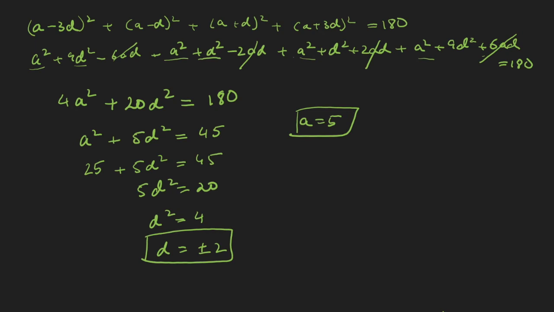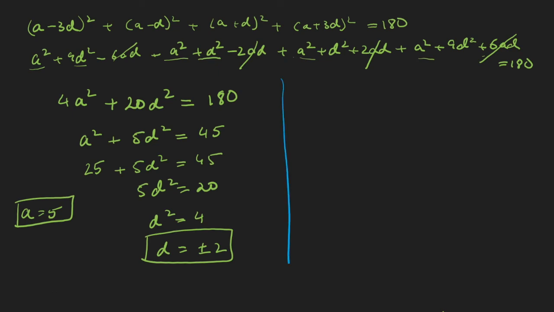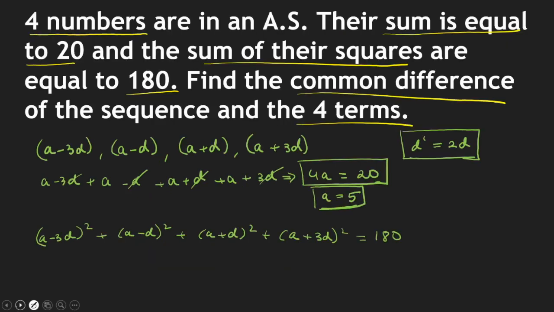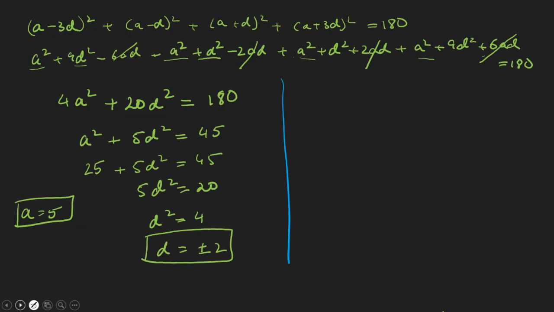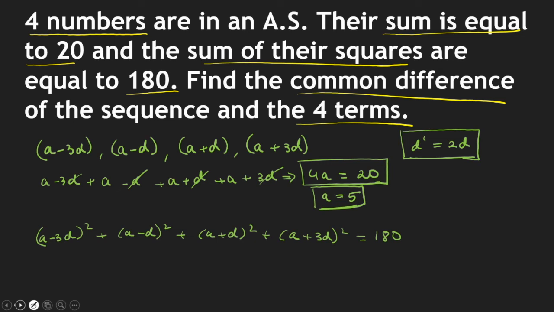Right? Let me just put this here so we have a little space. Now we have d and we have a, so we need to find the common difference and the four terms.